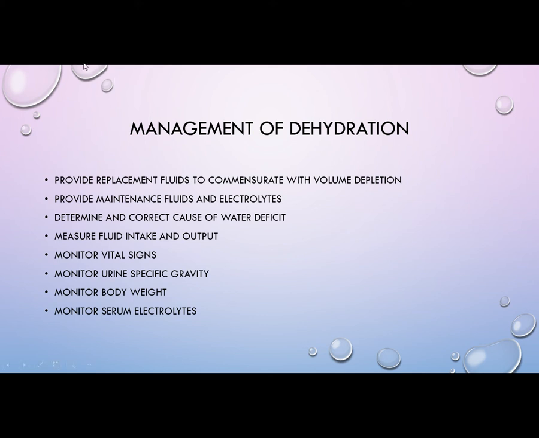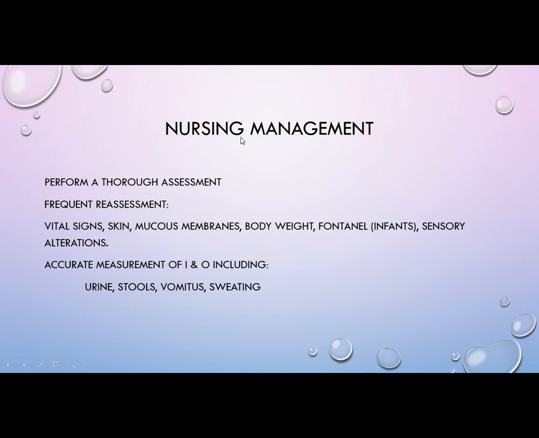Now let's talk about nursing management. You're going to perform a thorough assessment on these children to begin with, and then you need to frequently reassess them. Check those vital signs. Check the skin, check the mucous membranes, weigh the patient, check the fontanelles on the infants.